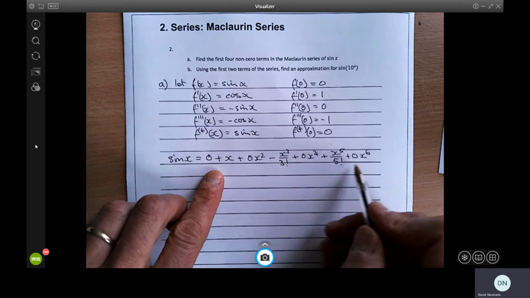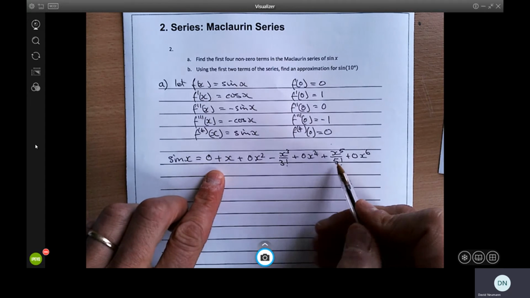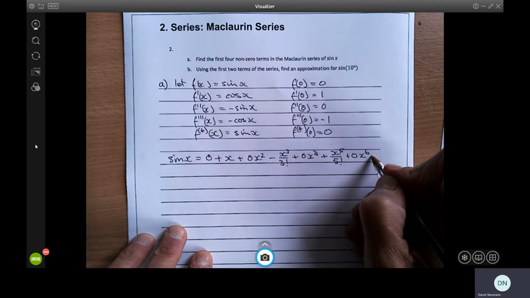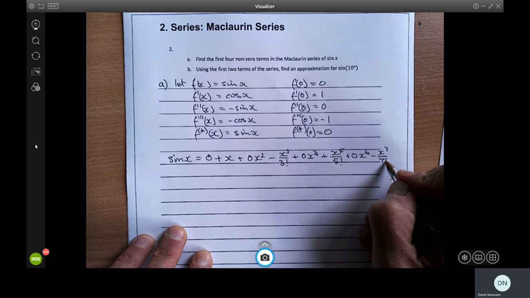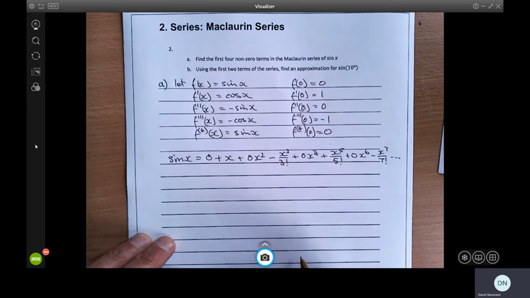So this is the first four non-zero terms, 1, 2, 3 terms, so we need one more. What's it going to be? It's going to be minus x to the power of 7 over 7 factorial, and it goes on like this.